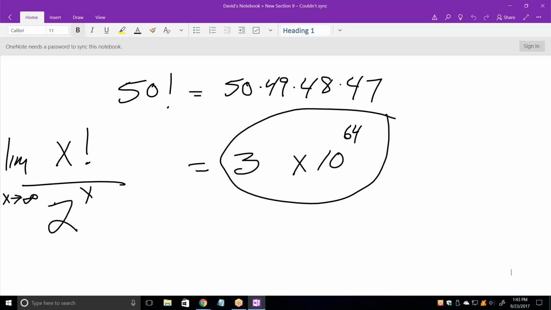Which one wins? In other words, which one grows faster? Is the limit of that going to be 0 or infinity? If the bottom grows faster than the top, it's going to go to 0. If the top grows faster than the bottom, it's going to go to infinity.